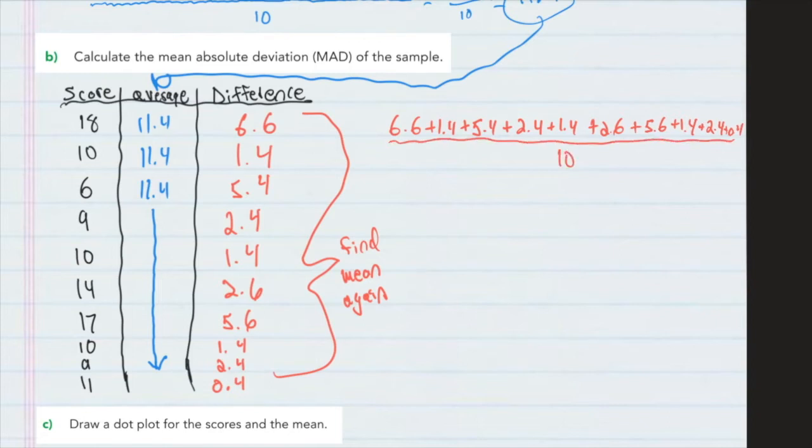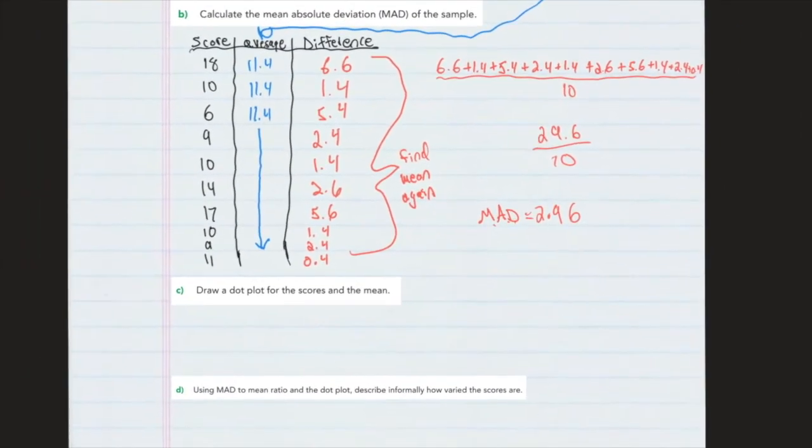When I add all of those numbers up, and you can use the calculator, you'll get 29.6 divided by 10, which is 2.96. So the mean absolute deviation equals 2.96.